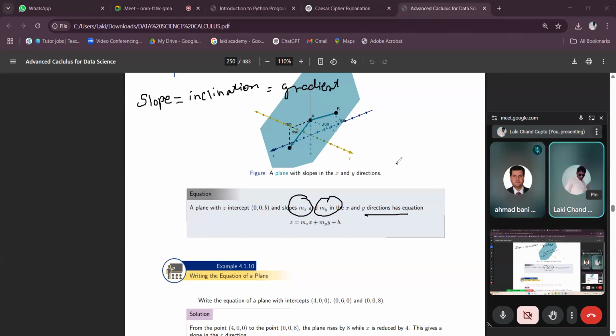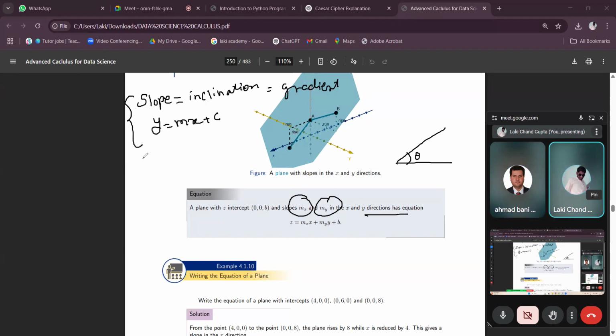Let's suppose this is a line and this is one other line. This angle makes the slope. Slope means at what angle the line is inclined with the base.